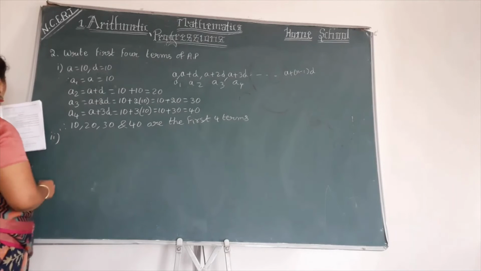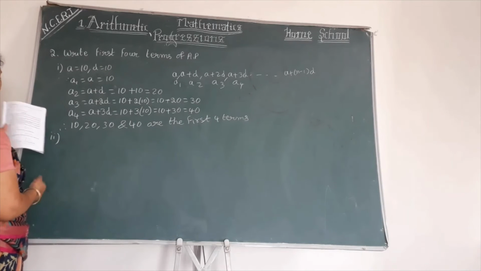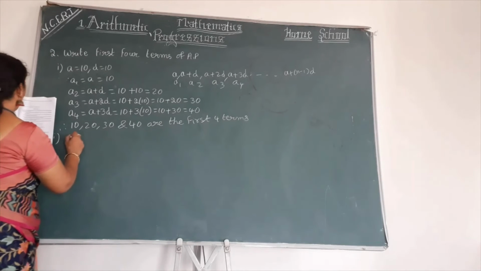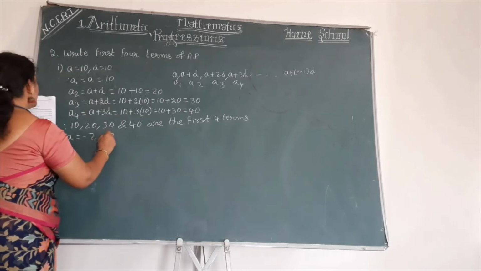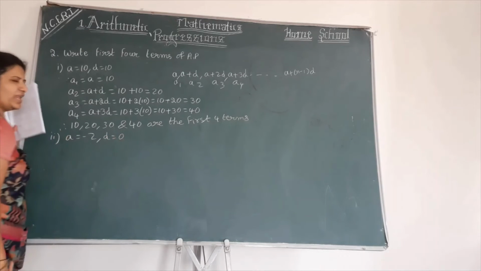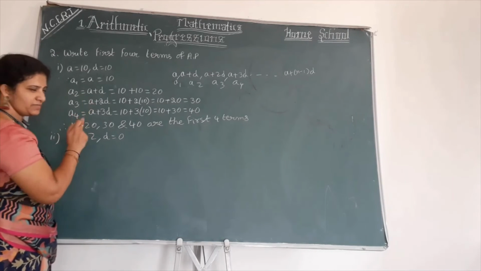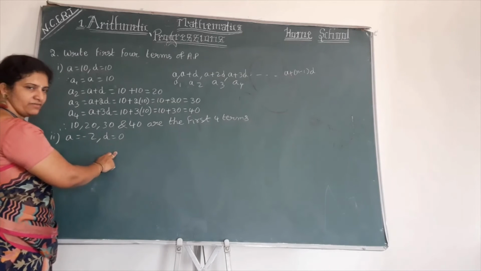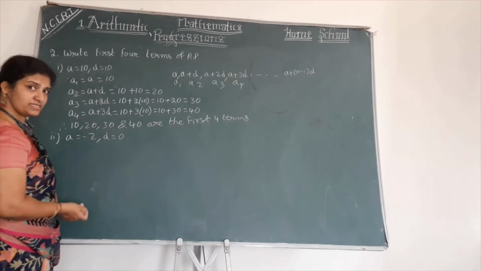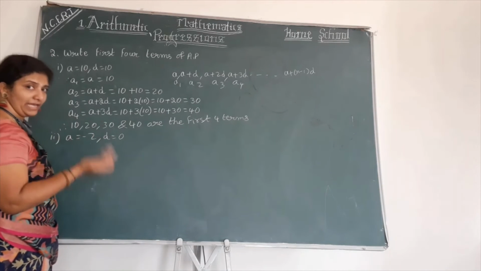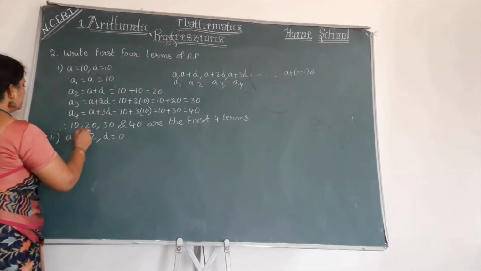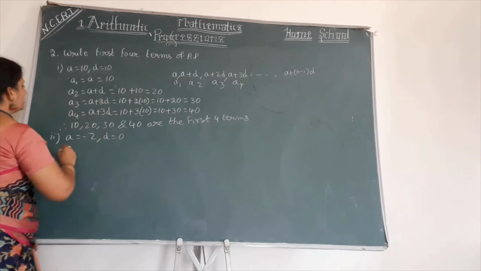Same pattern. The second one you can try at home, but let me do it. A is equal to -2, D is equal to 0. Very easy chapter, children. Don't be confused. A value means the first term is negative. D, the constant value, is how much? 0. It may be 0, it may be positive, it may be a negative value also. So, you already know the general form.